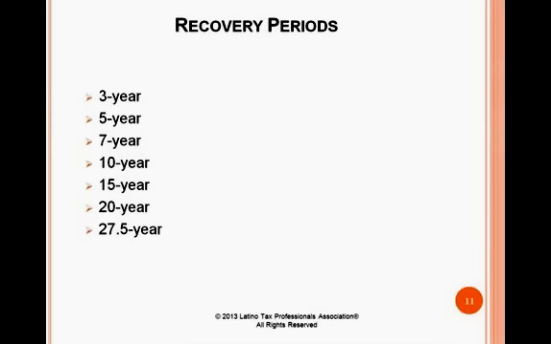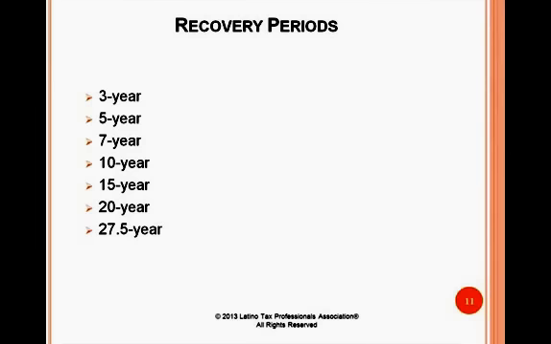Recovery period. This is a term for how long the IRS places any property item that they determine must be depreciated. Typical is 3 years, and there's a full listing that if you look up under the IRS rules and the appropriate publications, you will see the listing of all the different types of property that qualify under 3-year, 5-year, 7-year, all the way up to 27.5 years.